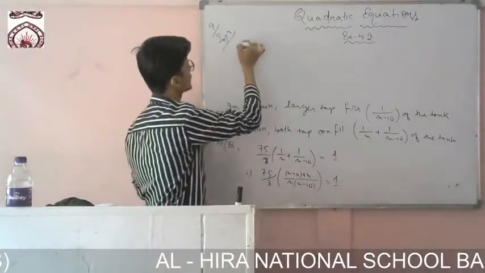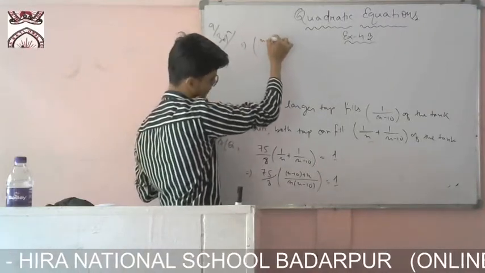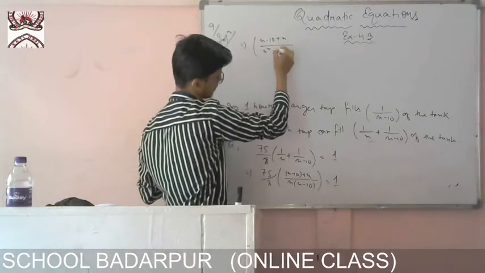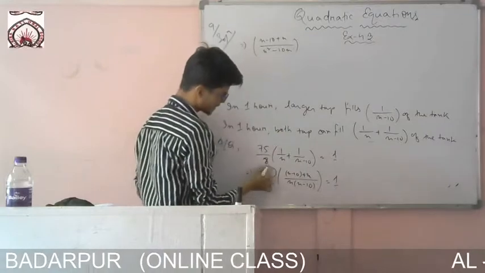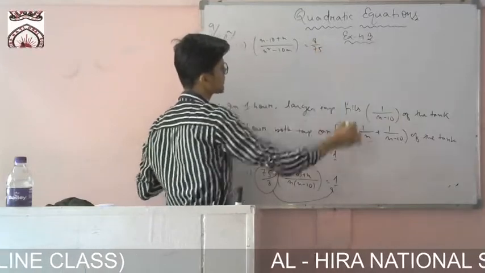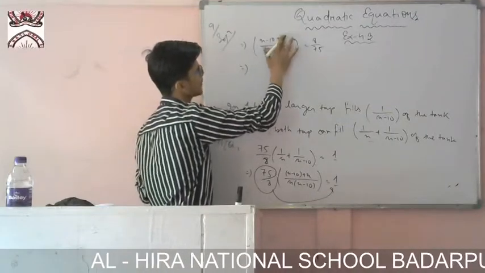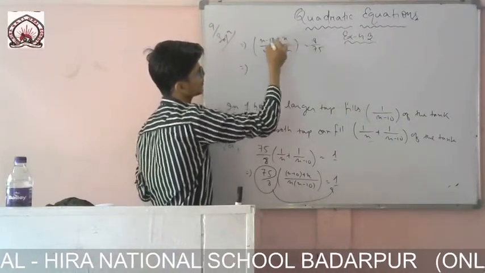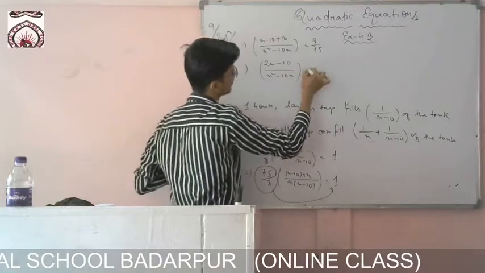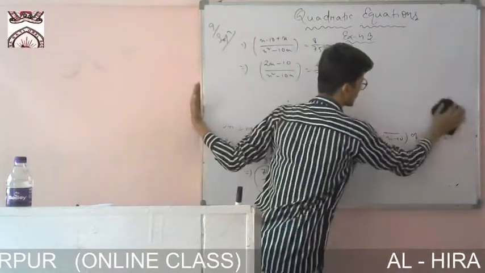Now you see, I can write this as x minus 10 plus x, and that side it will be x into x minus 10, that is x square minus 10x, and if I change the side it will be reciprocal, so it will be 8 by 75. Now both are plus, sorry, so it will not be cancelled, so it will be twice x minus 10, over x square minus 10x, equals 8 by 75.